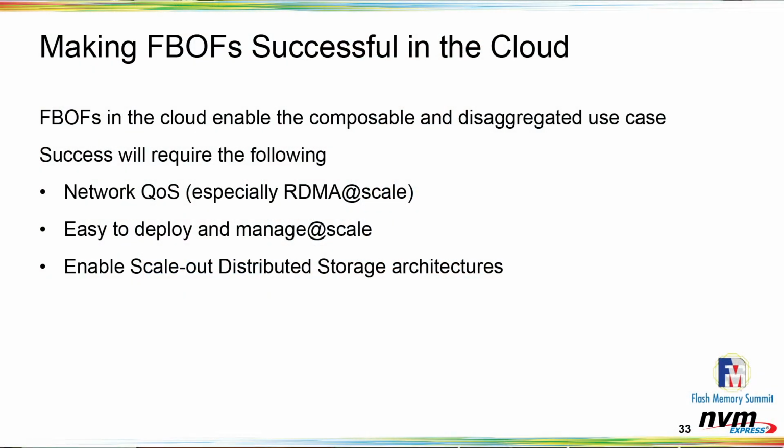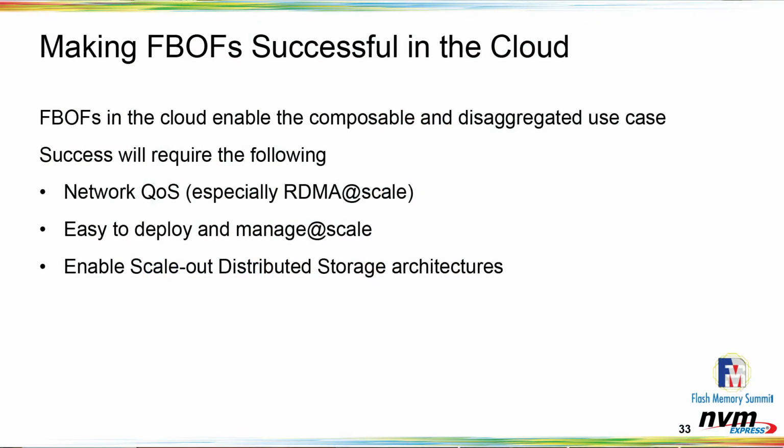I have a little more detail on the other two in the following slides. The second one is that it needs to be very easy to deploy. Again, because it's at scale, we're not talking about a few JBOFs and a few hundred compute nodes that consume the services that the FBOFs provide. We're talking about thousands and thousands of nodes. So it needs to be easy to deploy and easy to manage from an operational standpoint.